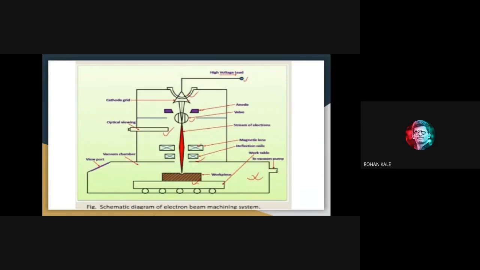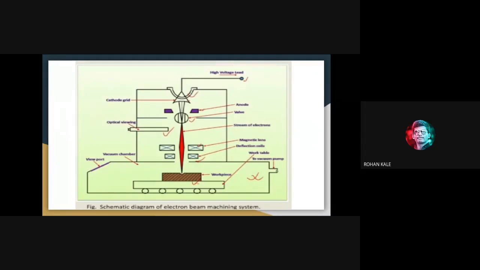This backing material also vaporizes, so it comes out as very high pressure. While coming out at high pressure, it also ejects the molten or vaporized material from your workpiece surface.